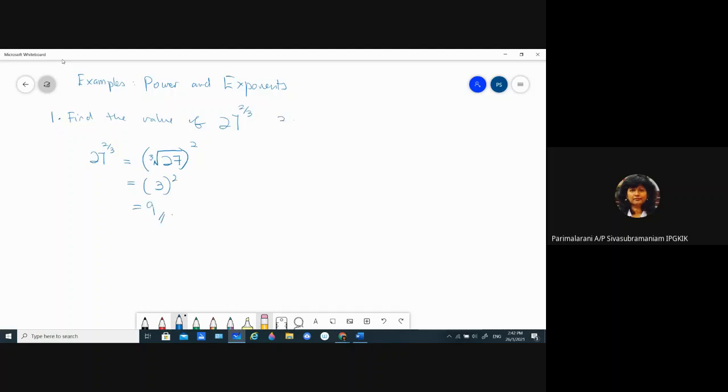Question 2. Solve 16 over 81 to the power of negative 3 over 4. So how do we do this? What do we do first? I'm going to show you step by step.